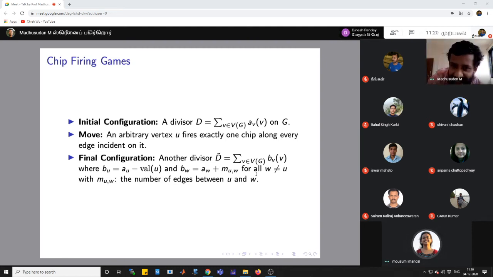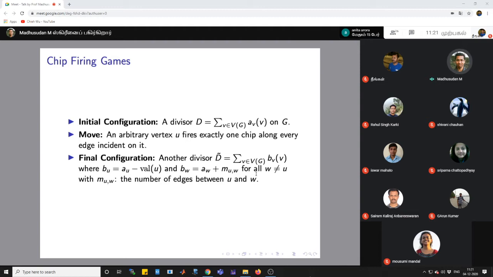And you can realize it in terms of this move, right? It's the same as getting all the other vertices to fire one chip, and then there'll be a cancellation, and this is exactly the same as getting this vertex to fire minus one chip. So that's why this is called the basic move, and the other moves can be realized as this move. Okay, thank you. Sure.